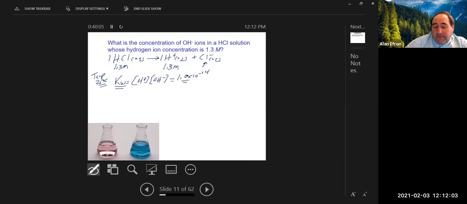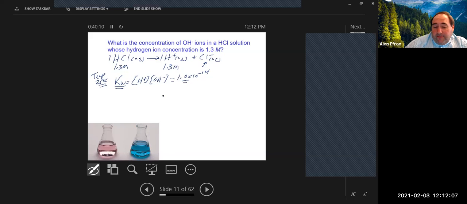But 99.9% of the time, 1 times 10 to the minus 14 is what you're going to have. If we rearrange this and solve for the OH minus, that gives us 1 times 10 to the minus 14 divided by 1.3 molar.